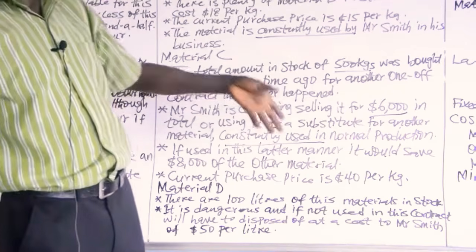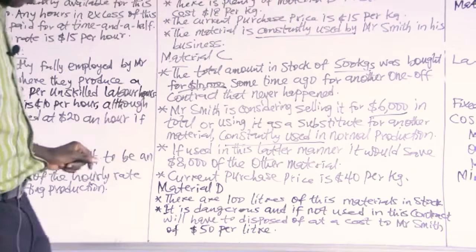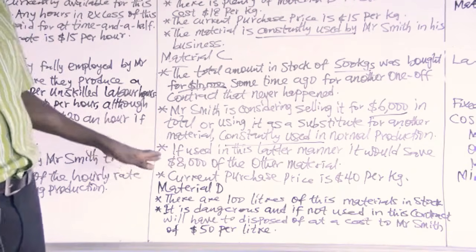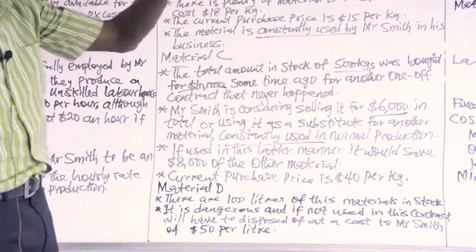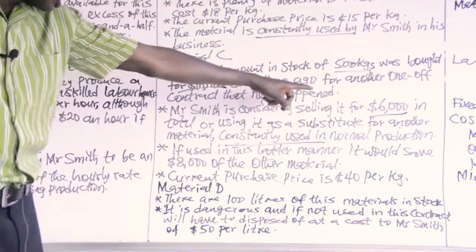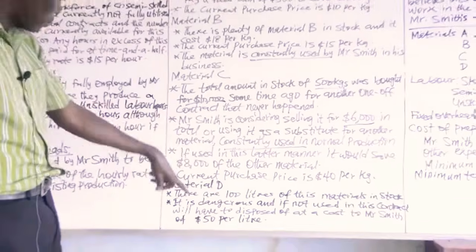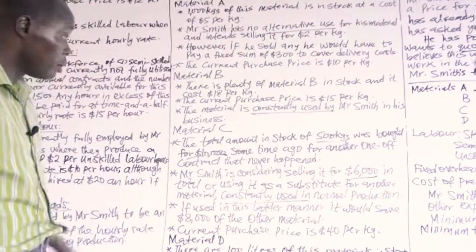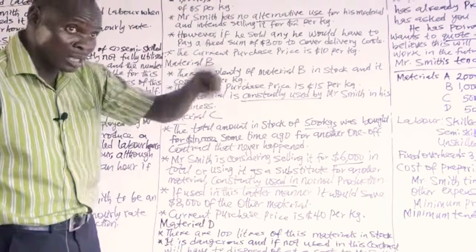Will you prefer selling it for 6,000 or using it as a substitute for another material and saving the 8,000 you would have incurred on that contract? If you do not use it in this contract, you will have to buy another material that will be needed for the job, and that will cost you 8,000. But if you use it now, the 8,000 will not be incurred in this contract.